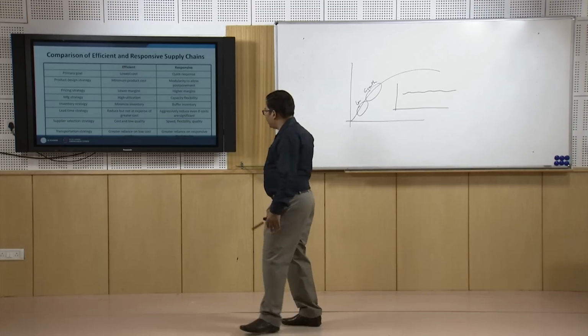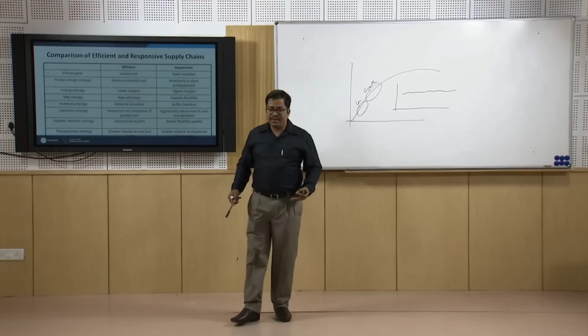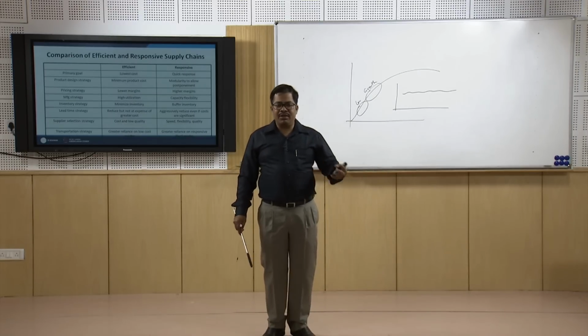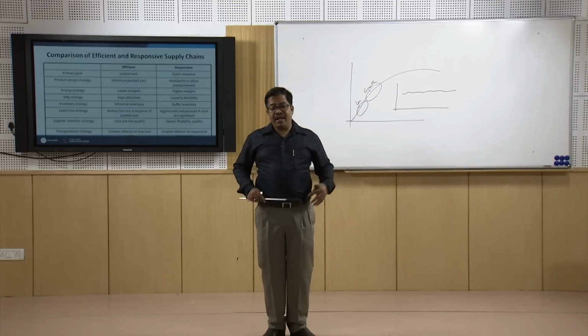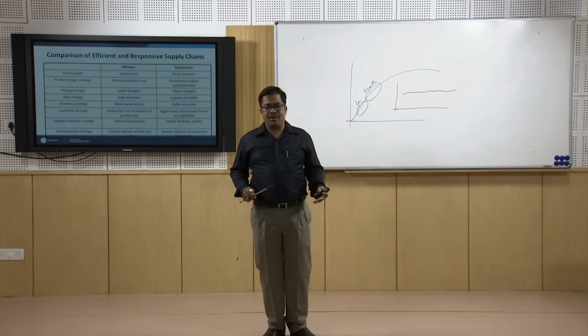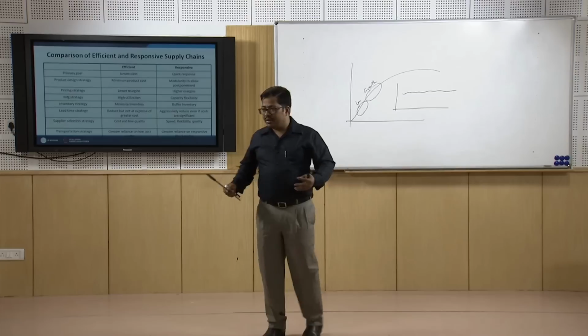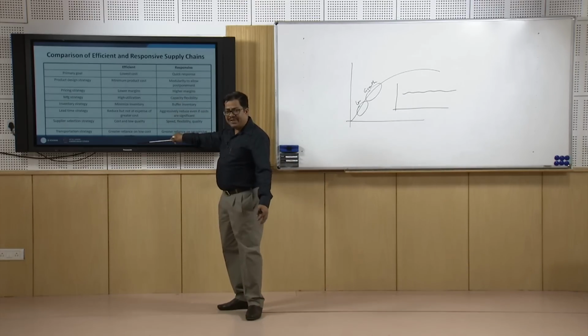And in case of a responsive supply chain, we take care of our supply chain through a more responsive or faster mode of transportation, and therefore companies like DHL and Gati and these overnight express type courier services are using air as the mode of transportation, because that is much faster as compared to rail. Therefore they are responsive, and the post office is an efficient supply chain.